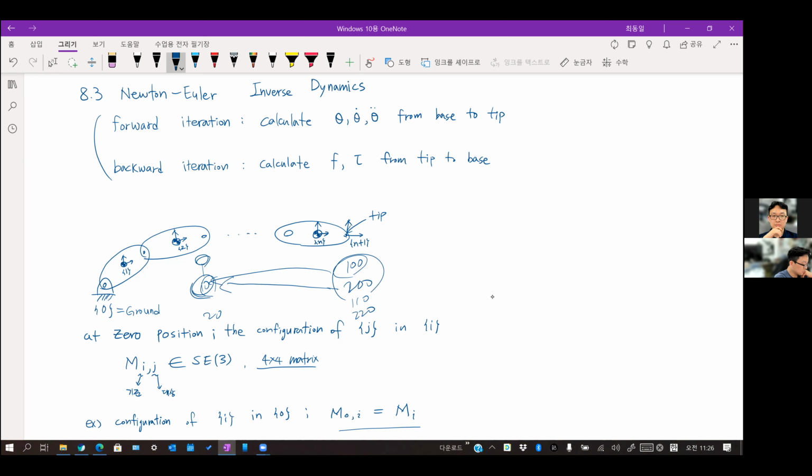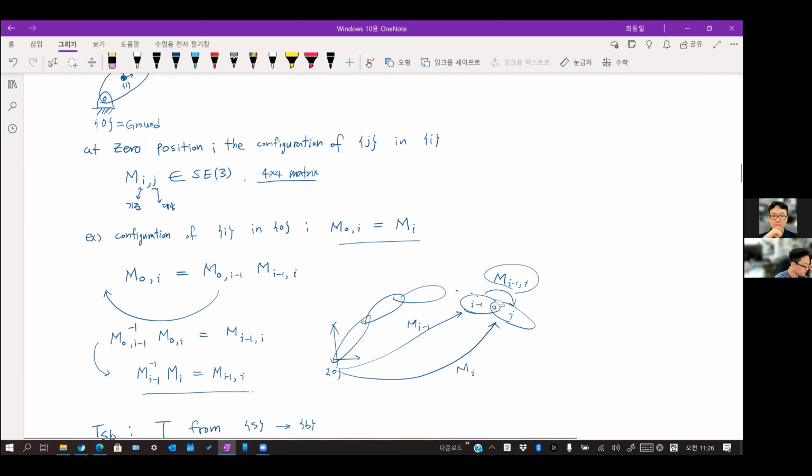So this speed affects that speed, but that speed does not affect this speed. So the velocity is forward iterated. Similarly, the force here affects the force here. So using this concept, we will have two kinds of iteration process.